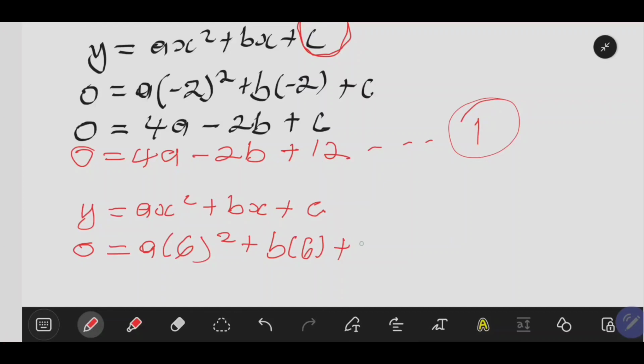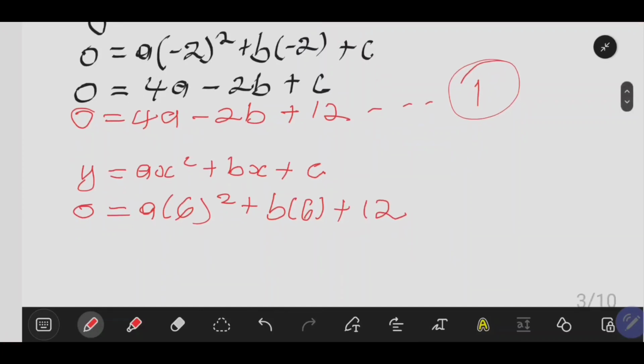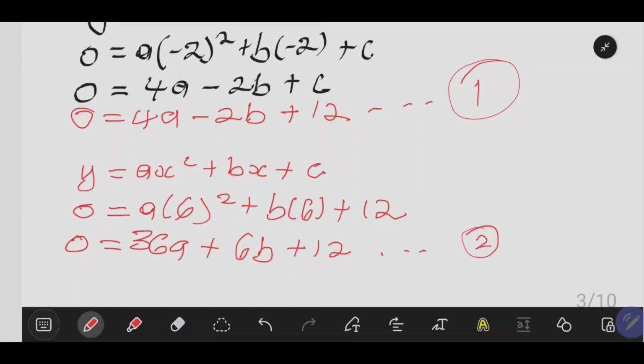We know that this is the y-intercept, and then this is positive 12. Then when you simplify this, you're going to have 0, which is equals to 6 squared is 36 multiplied by a, it's 36a plus 6b plus 12. So this is your second equation.